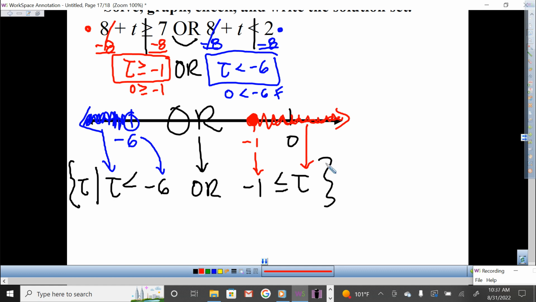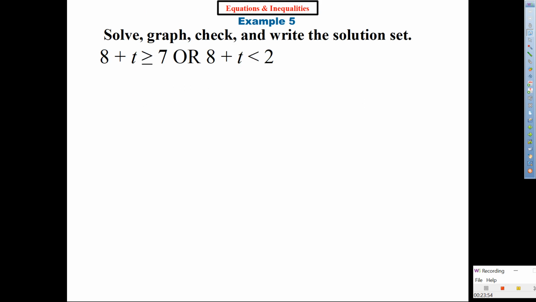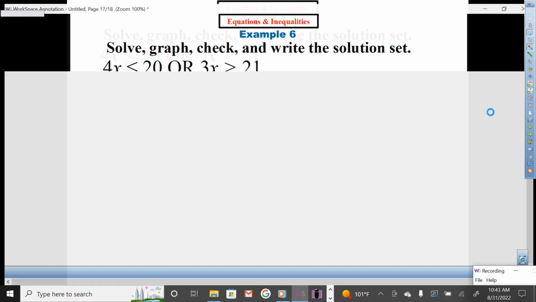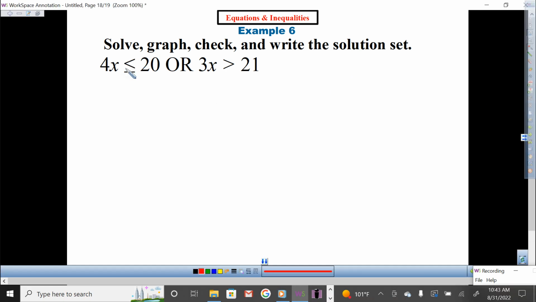All right. Let's do another one. Let's do this one together and go a little bit faster, but when we get to this portion, we'll go a little slow to make sure we got it, okay? All right, here we go. Example 6: 4x less than or equal to 20, or 3x greater than 21.